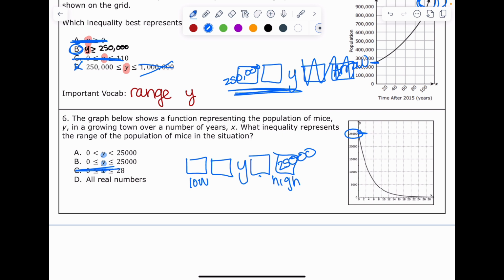Now, when I'm looking at the low number, I see an arrow, but I also know there's an asymptote at y equals 0. So I want to use this 0 in my low box. So I have 0 and 25,000. Now I know that this right here is a solid point, so you get the solid symbol. So that means B would be my correct answer.